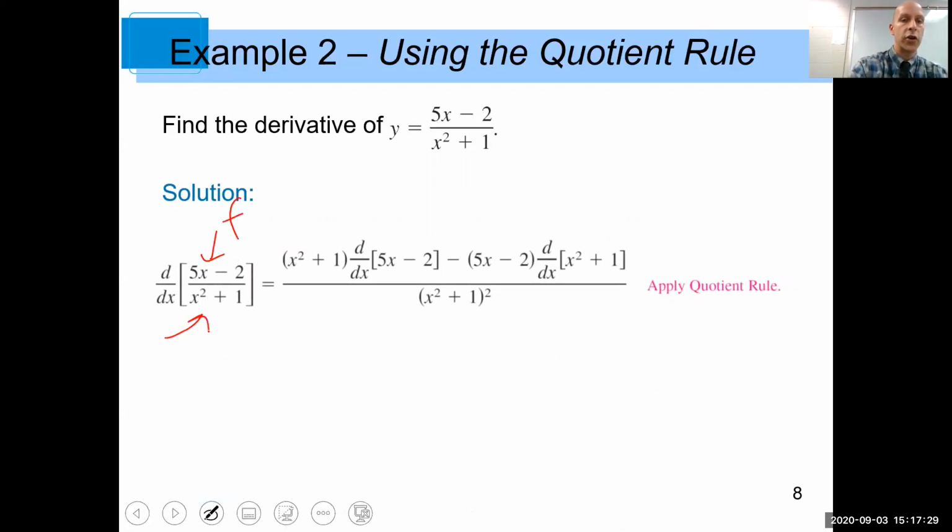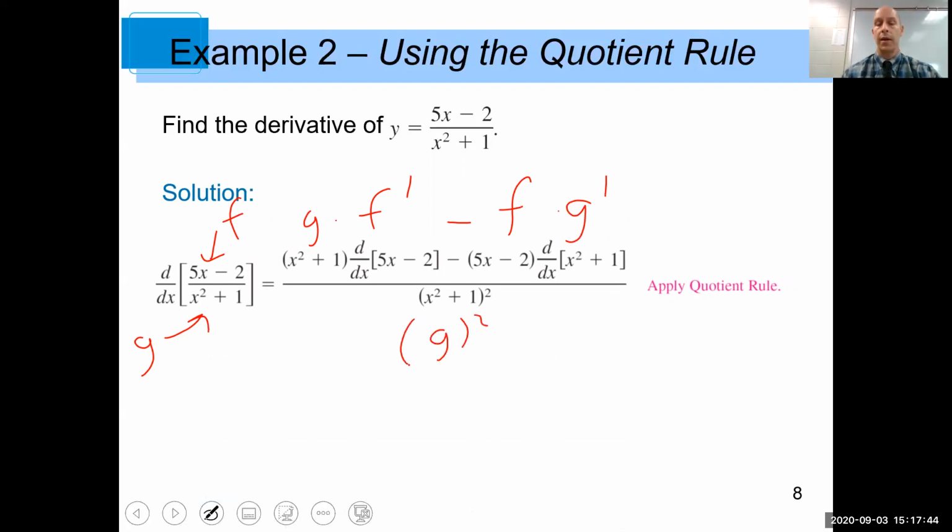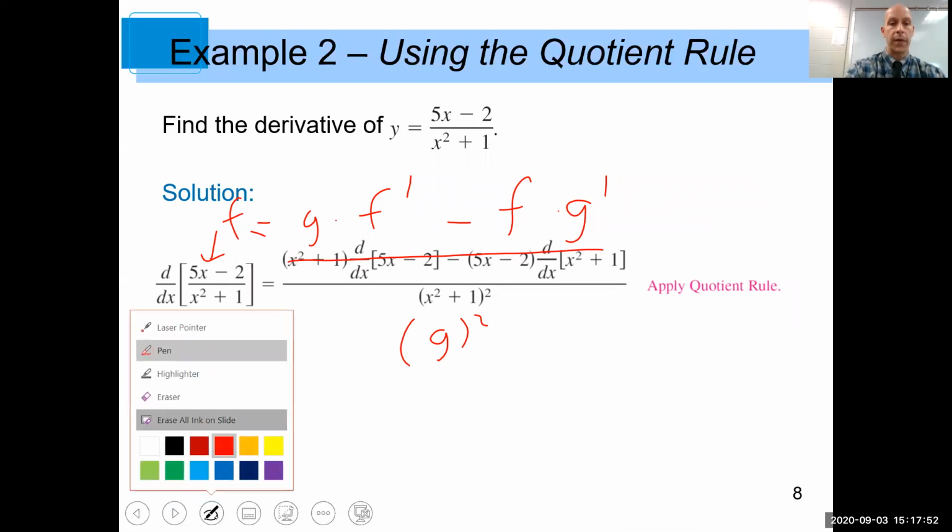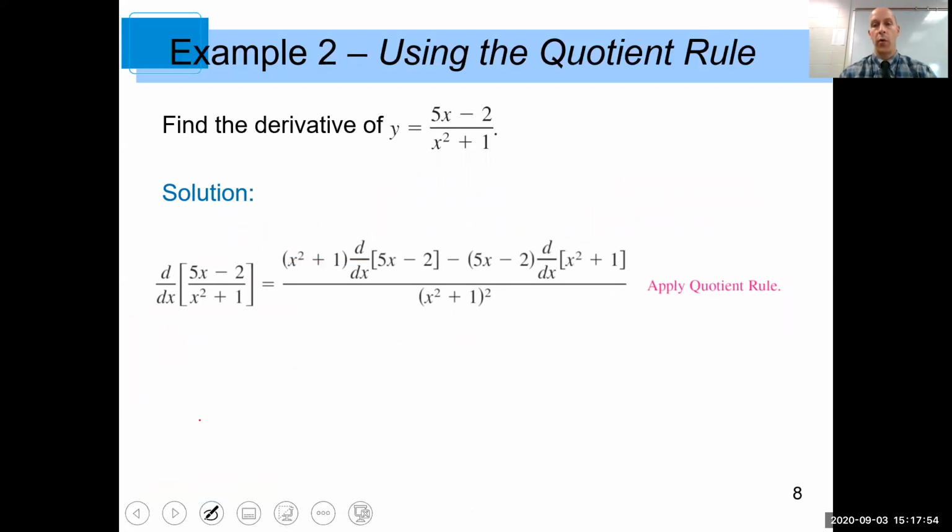The bottom function is the g function. So this is g times f prime minus f times g prime all over g squared. That's what we've got, okay? So that's based on our formula. That's what this is equal to, and this is a fraction, right? Okay. So there's all the work.